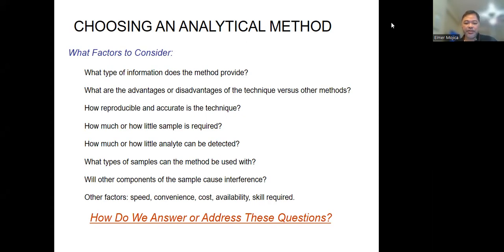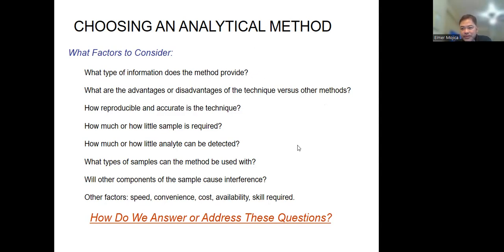What type of information does this method provide? What are the advantages or disadvantages of the technique versus the other methods? How reproducible and accurate is the technique? And how much or how little sample is required? So, first question that you got, what type of information does the method provide?